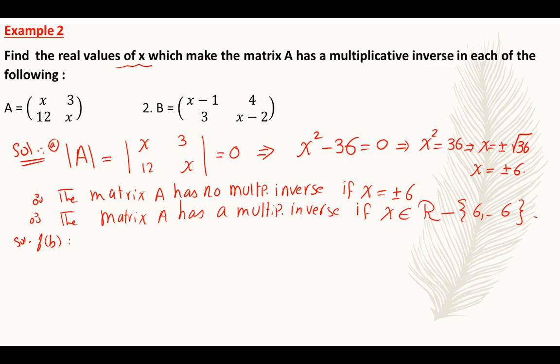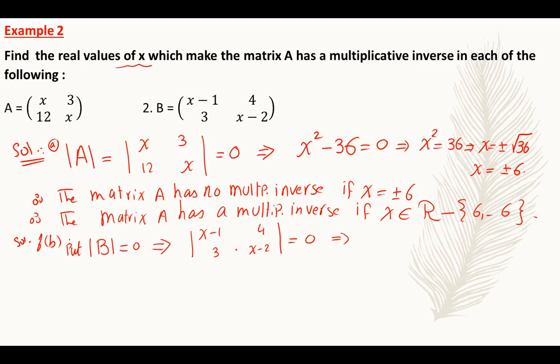And how can we find these values? First, by putting the value of the determinant of B equal to 0. So it will be x minus 1, 4, 3, x minus 2 equals 0.